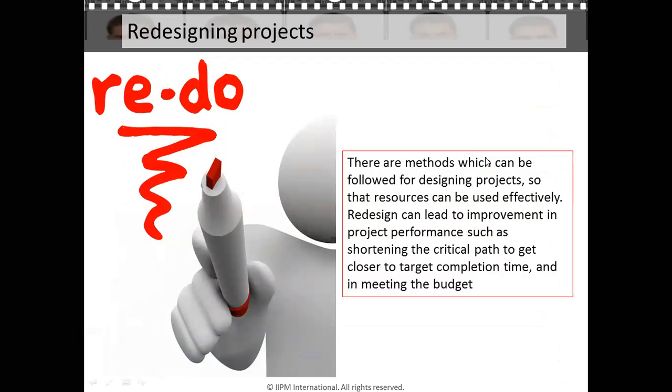There are methods which can be followed for redesigning projects so that resources can be used effectively. Redesign can lead to improvement in project performance, such as shortening the critical path to get closer to target completion time and meeting the project.